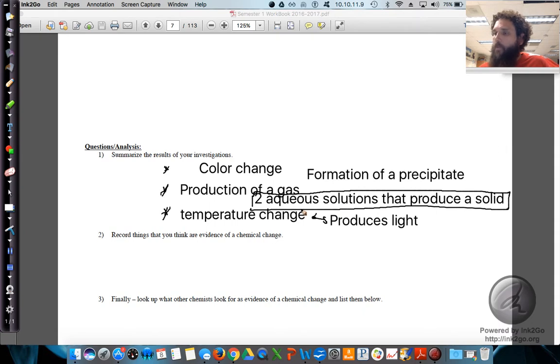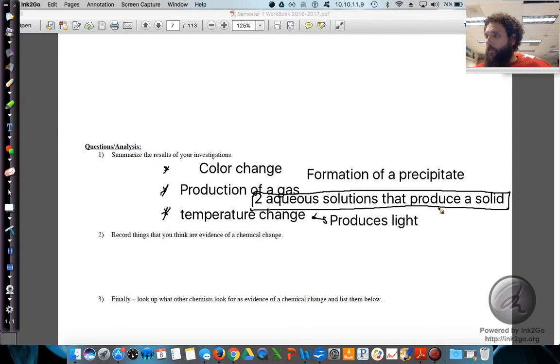We can get false positives from the other ones. A false positive is when you get evidence to show that it's a chemical change when really it's not. For example, a color change would be food coloring in water. That is a false positive. Production of a gas, if we have liquid changing into steam, so we have that phase change, that is also a false positive.